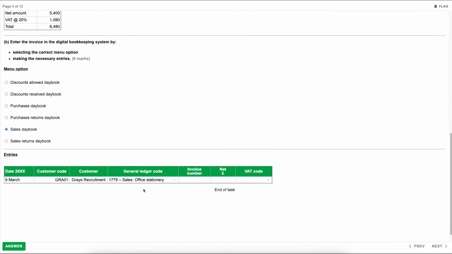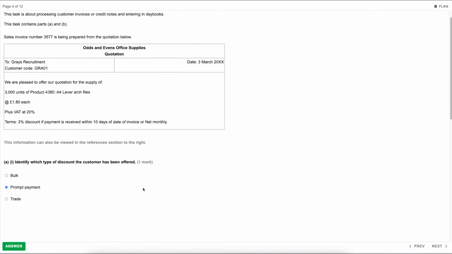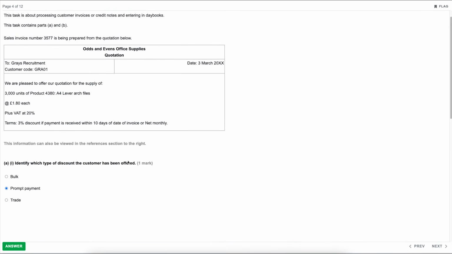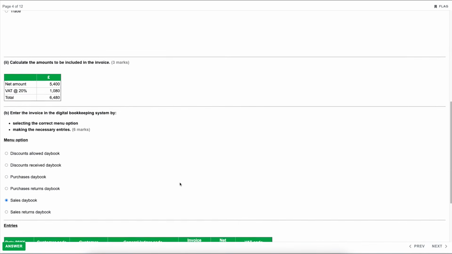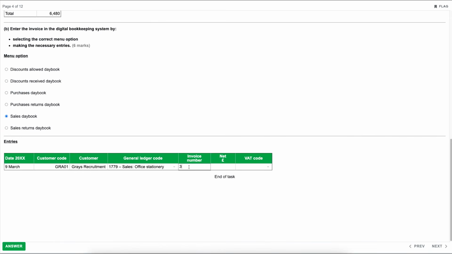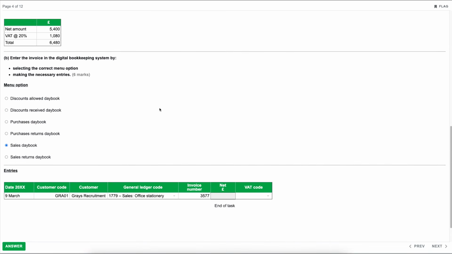The invoice number, let's scroll back up again. It states the invoice number is 3577. So we can enter that in. The net amount we calculated just above, which was 5,400.